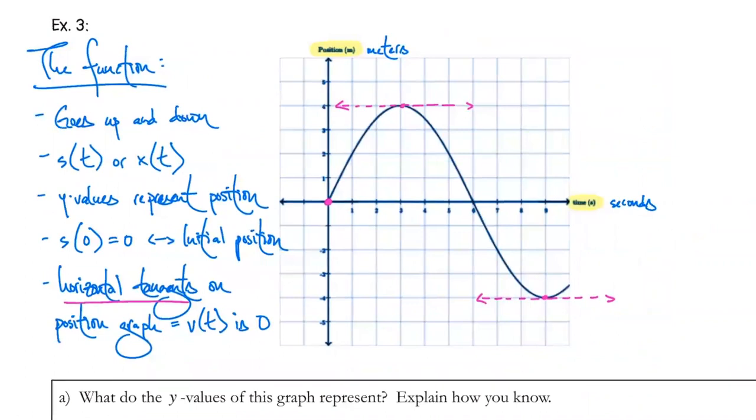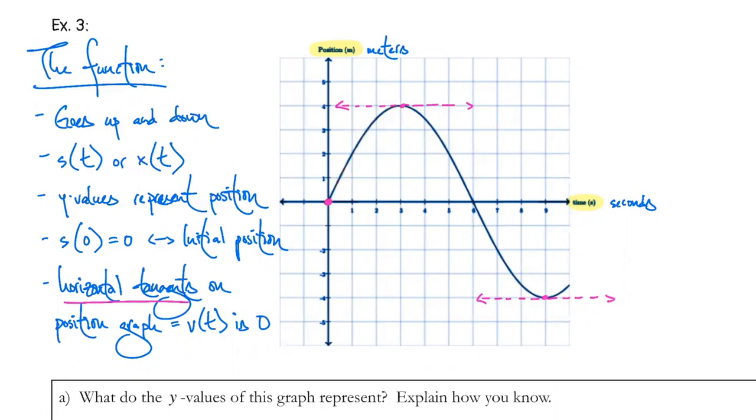Now let's look at one more thing before we go to the questions. This region right here, would you say that the velocity is positive, negative, or 0? Yeah, this first part, all those tangent lines, if we were to draw them, have a positive slope.